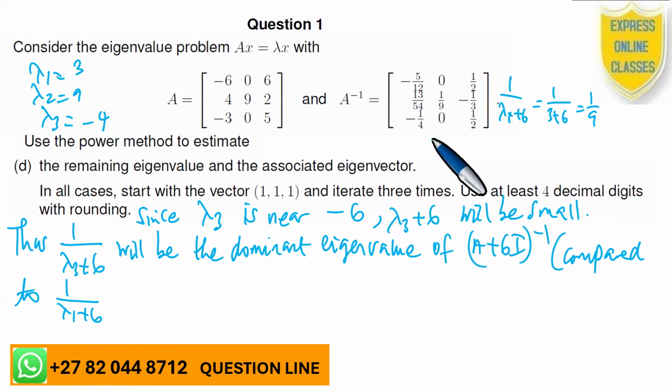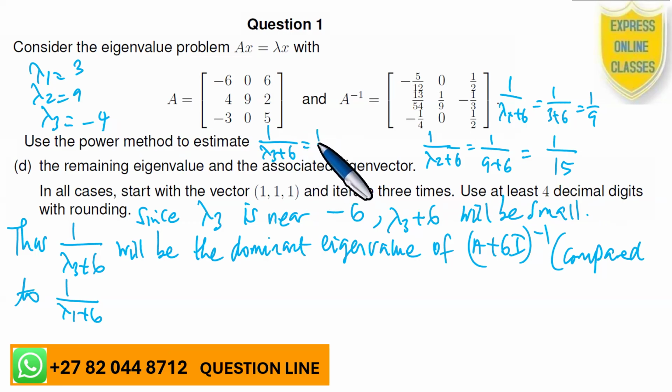And then we shall have 1 over lambda 2 plus 6, which is 9 plus 6, 15, so 1 over 15. And 1 over lambda 3 plus 6: minus 4 plus 6 is 2, so 1 over 2.